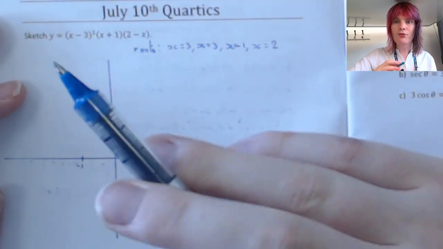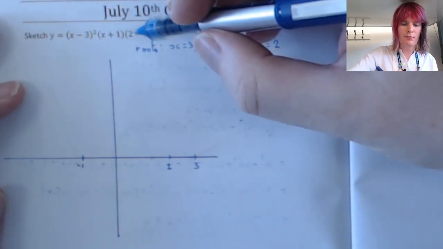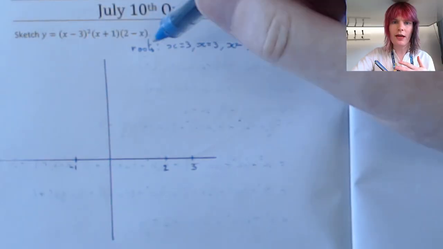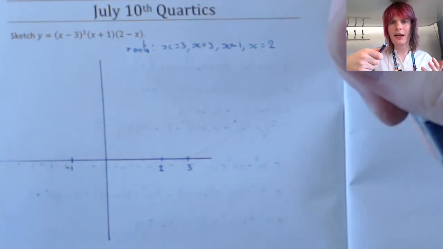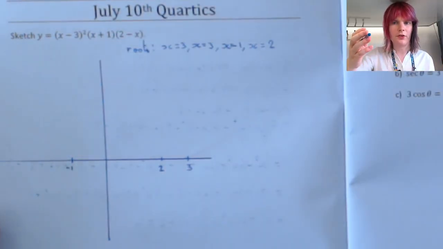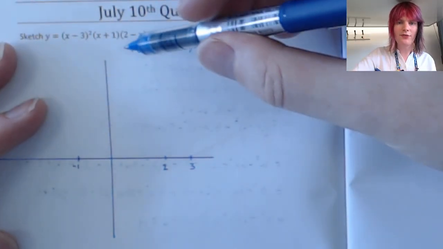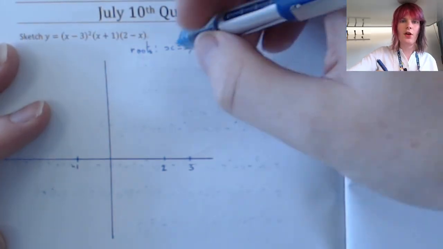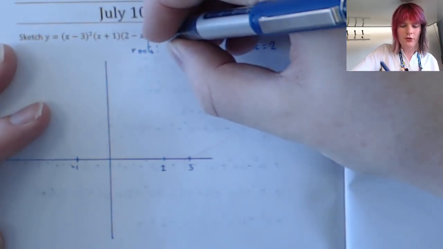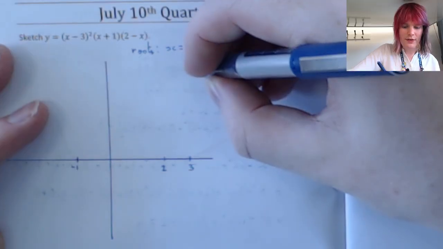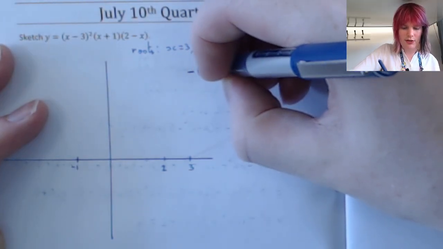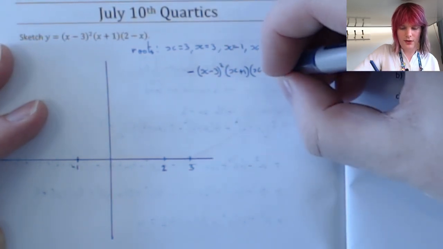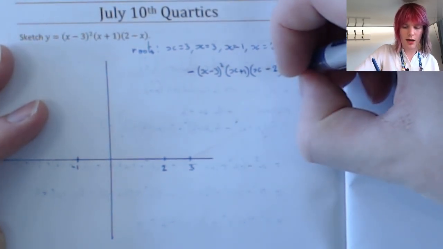The other thing we might want to do before we do this is also deal with this 2 minus x. So what we could do here, because we want these to be x pluses or x minuses, is we can take this factor of a half out, not a half, we can take this factor of negative 1 out and set this curve equal to negative x take 3 squared, x plus 1, and x take 2 is equal to y.